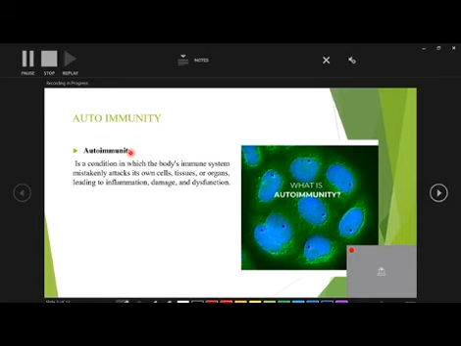We have also what we call autoimmunity. Autoimmunity is a condition or disease in which the body's immune system mistakenly attacks its own cells, tissues and organs, leading to inflammation, damage, and dysfunction. We will see it later.